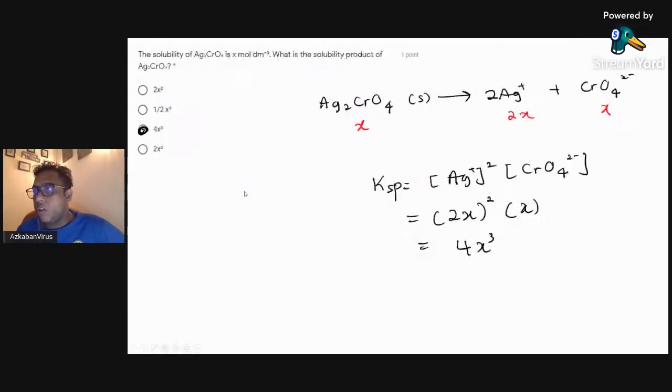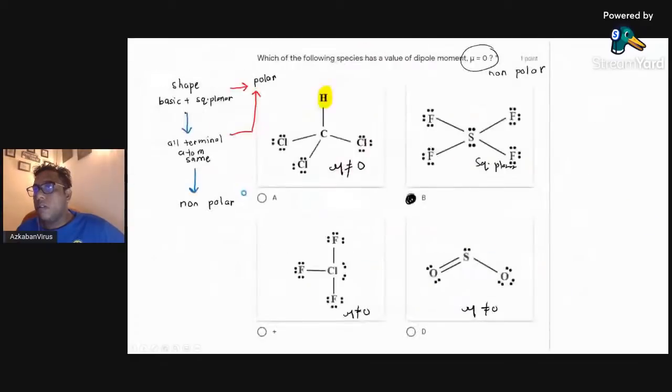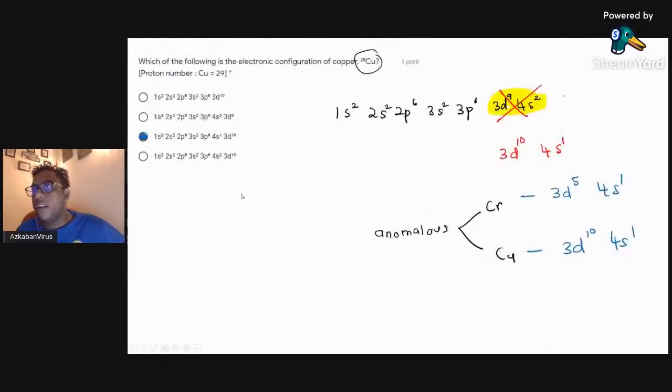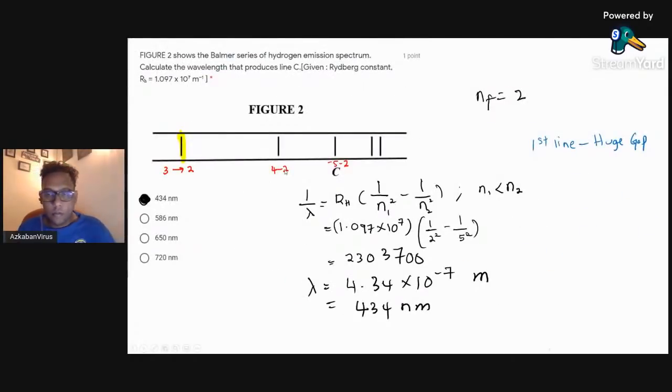Oh, yang tadi tu, this one, kenapa dia 5? Kenapa 5 pergi 2? Dia cakap ini adalah Balmer kan? Kalau Balmer, bermaksud semuanya N final is equal to 2. Okay, ini line yang pertama.